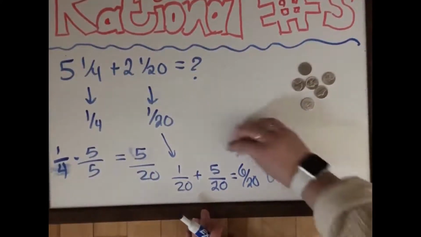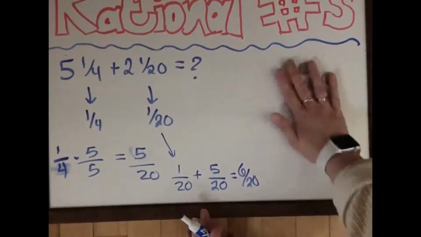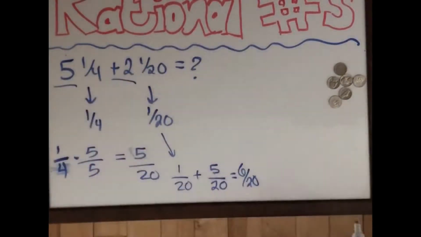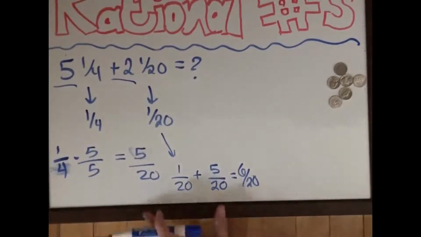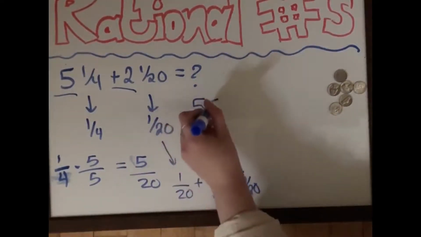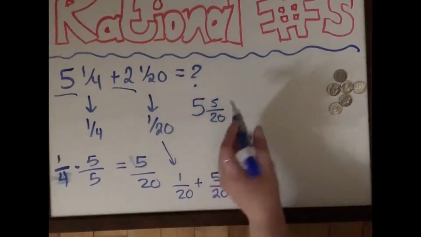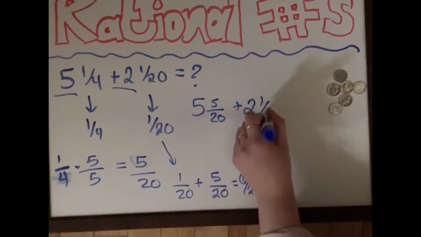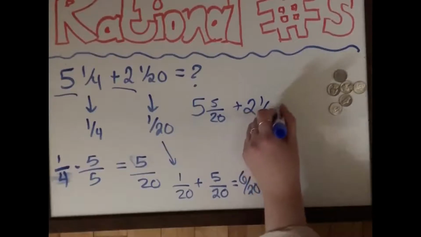So now that we know what the fraction part of our problem is, we can go back and add the whole numbers. We have 5 plus 5/20, because 1/4 equals 5/20, plus 2 plus 1/20.